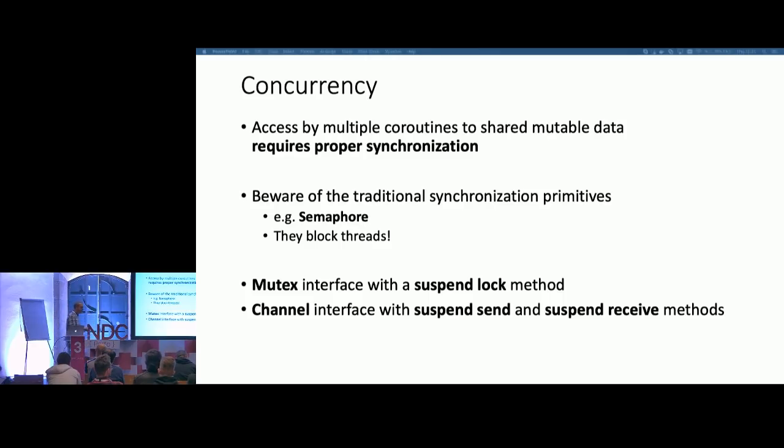For instance, in C#, I have SemaphoreSlim that provides asynchronous operations, operations that result in a task of something. In Java, we don't have that. However, the Kotlin library already provides me with something.